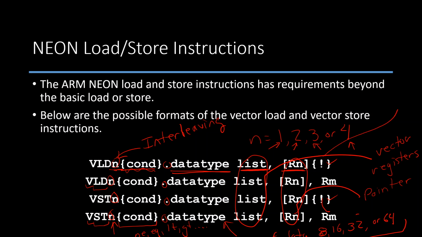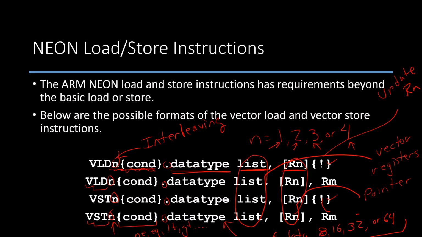But the exclamation point says to update Rn. So after we have done the operation, do I want to put in Rn, that pointer register, the location of the next section to load?